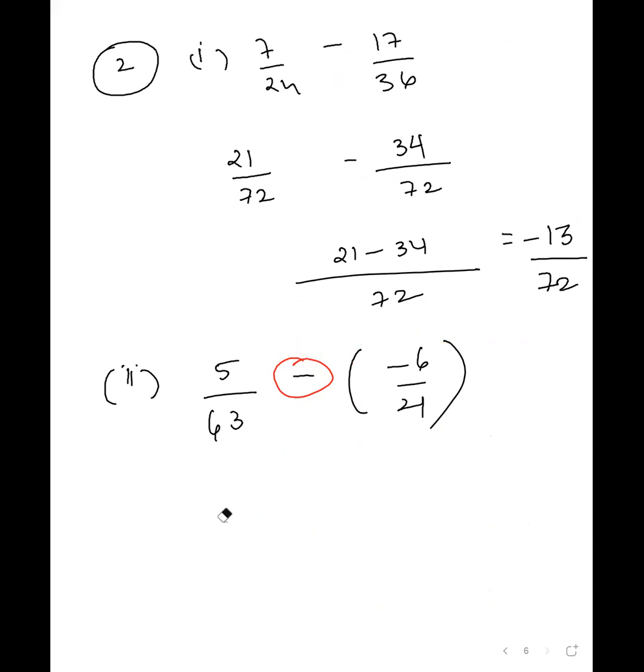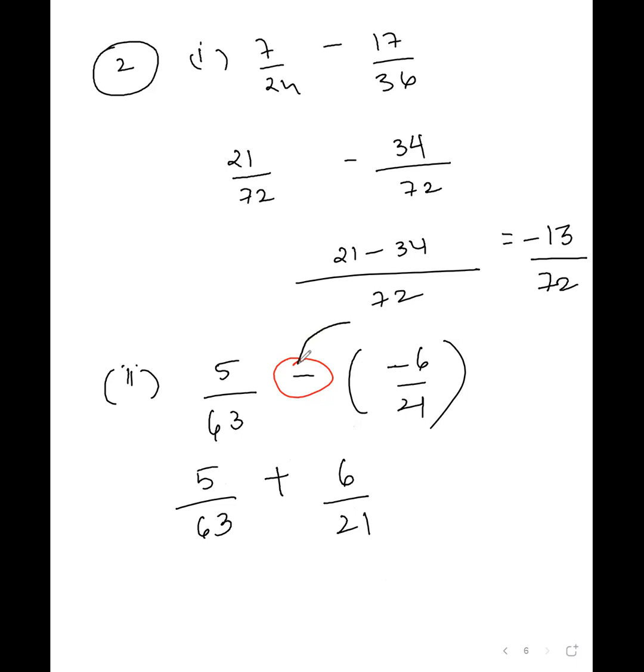Yeah. Okay. So when you open the bracket, the negative sign outside will change the sign of whatever is inside the bracket. So what will this become then? 5/63. Now you are opening the bracket. So when we open it and remove the bracket, this -6/21 will become plus.